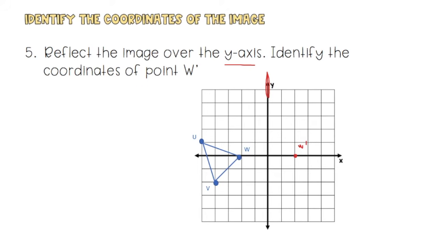For point U, it is at (-5, +1). So now I'm going to plot it at (+5, +1). And point V was located at (-4, -2). So now it will be located at (+4, -2).